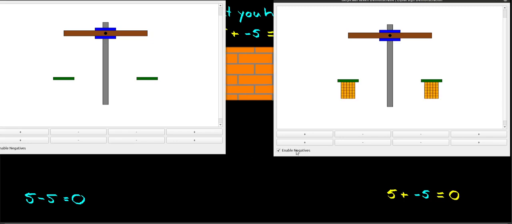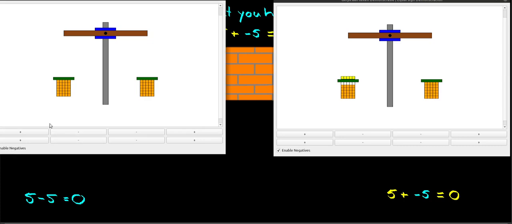On this side, I am saying I have 5 and I am adding to it the fact that 5 was removed. Sorry, there we go. 5 with the addition of -5 is in balance with 0.